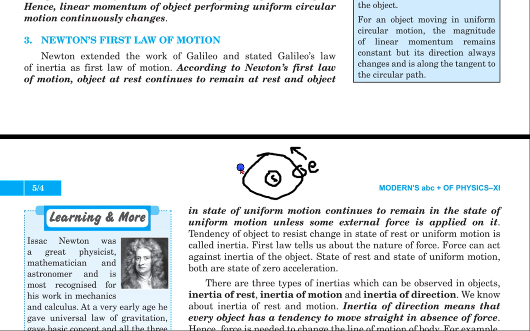To stop the moving earth, we have to apply an external force in the opposite direction. No one can stop the motion of earth. If you can stop it, you will receive a Nobel Prize and we all will die.